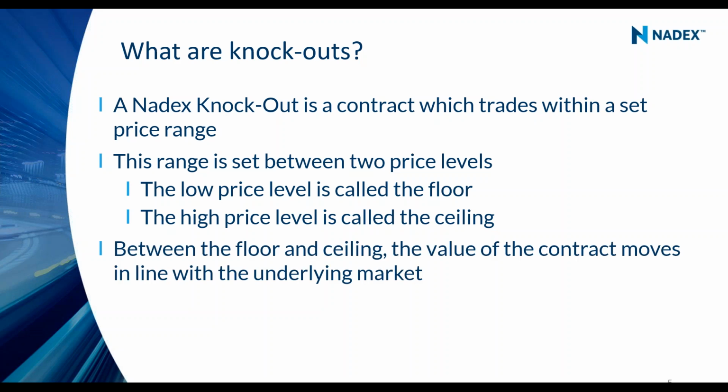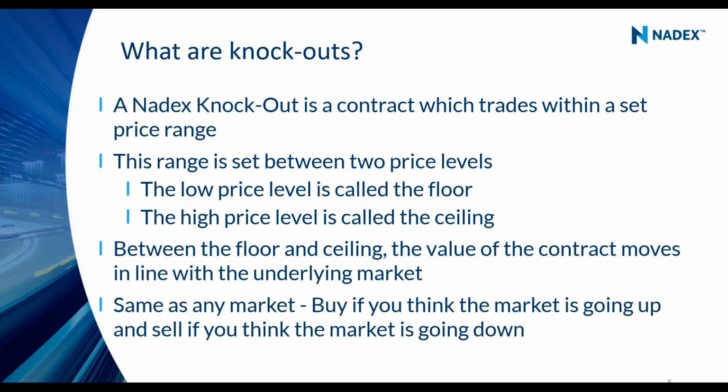And what will happen is the price and the value of the contract will trade between the floor and ceiling. It's what we call a Delta 1 product. Now, what is that fancy Delta 1 term? It means the value of the Nadex knockout is going to move right in line with the underlying market.